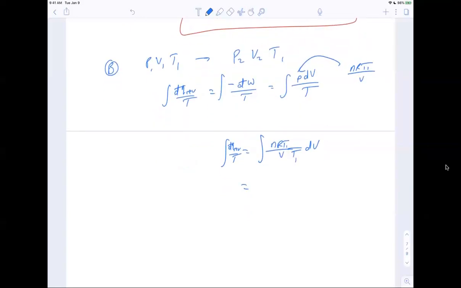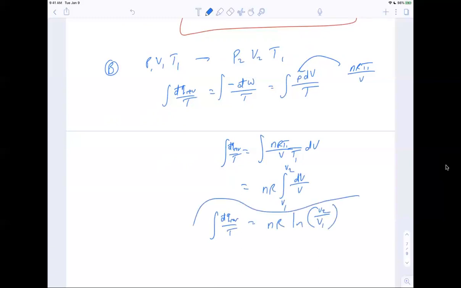So what I'm left with is nR, and this is going to be dV over V, and we're going to go from V1 to V2. And so the integral of this dq reversible over T is equal to nR natural log V2 over V1. Everyone see how that happened?